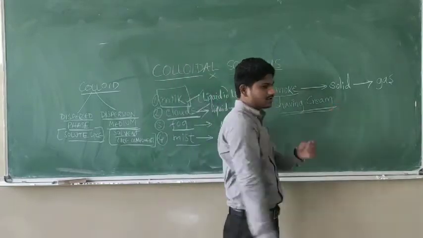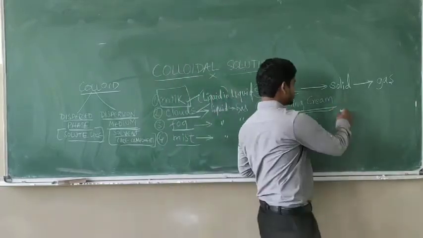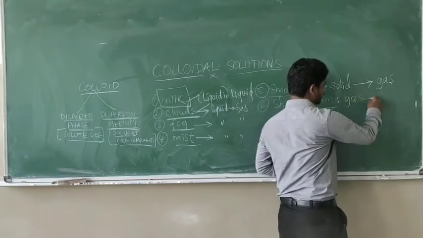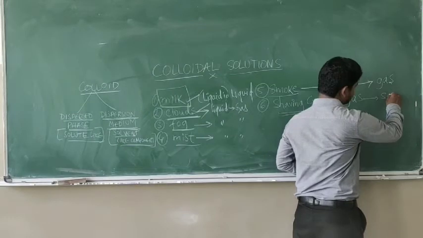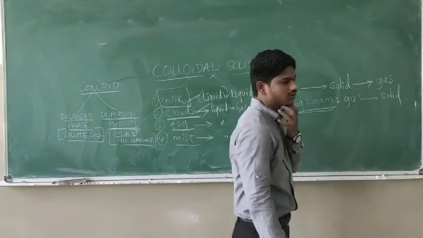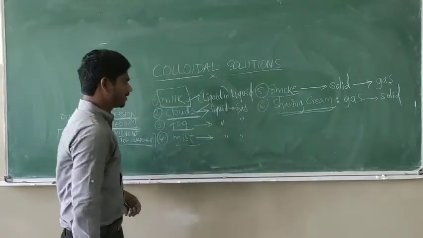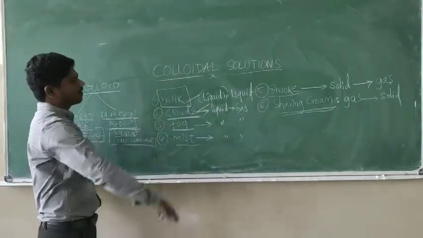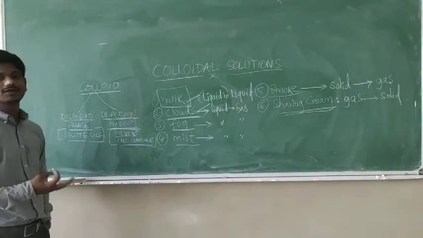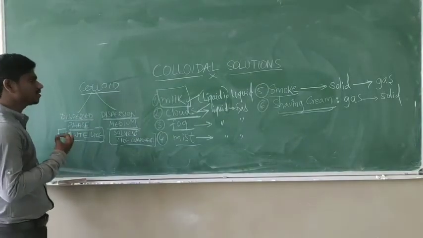If you look at shaving cream, what you have is a gas in solids. Okay, that is shaving cream. So from all of this, I think you understood the meaning of what is a colloidal solution.